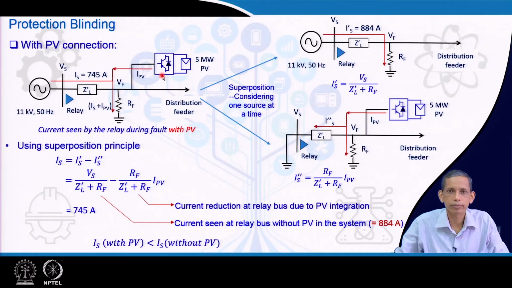Further, the more the PV capacity, the more the current from the PV, IPV will be more and more, and with more IPV, this negative part becomes more, and therefore the decrement in current becomes more and more.